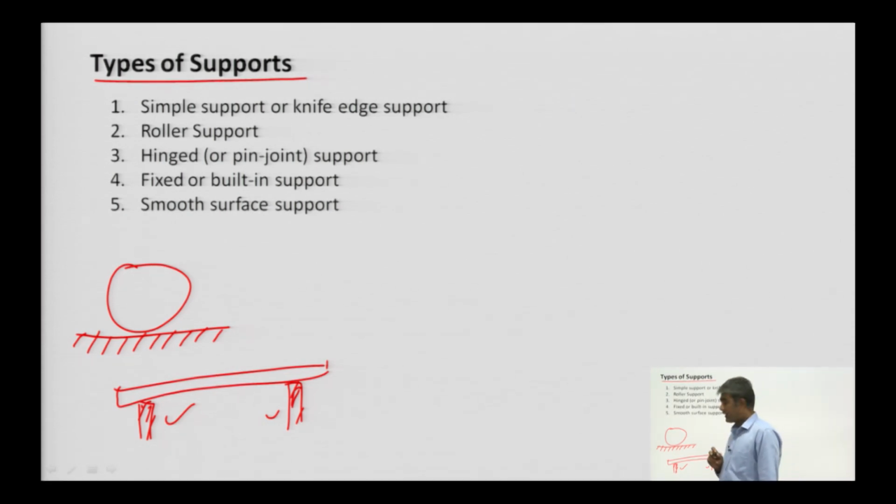We know that this block, this sphere, will have the weight W, and that weight W is acting downward, perpendicular, due to gravity. That force is to be transferred at this contact surface.